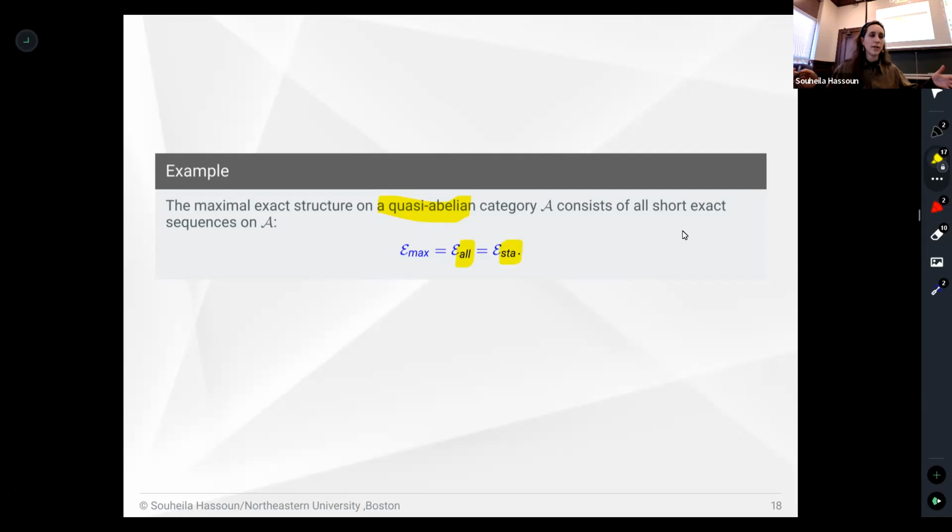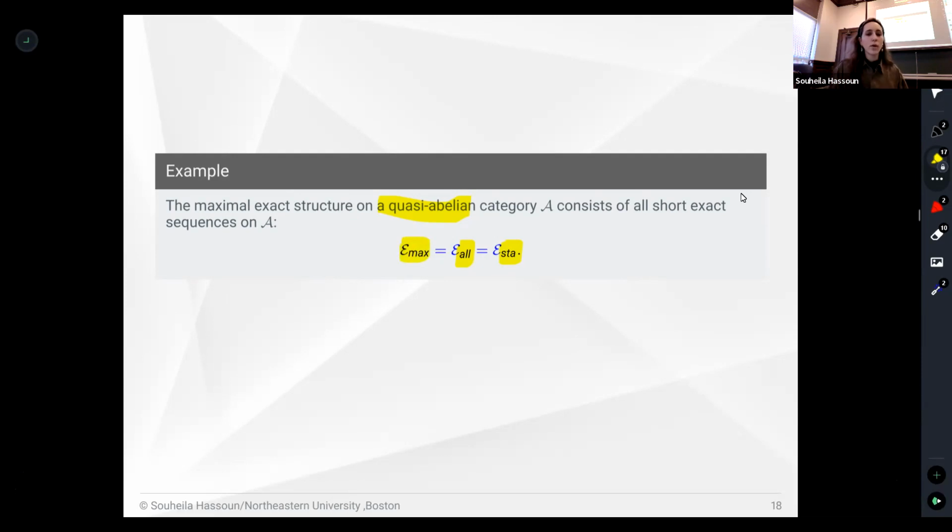So any other exact structure is in it. And that's an order that we can define: on any fixed additive category, we can order the structures by inclusion, just as classes. So that one would be the biggest one. It's also the same for the stable ones, which are the biggest one on a weakly idempotent complete category.